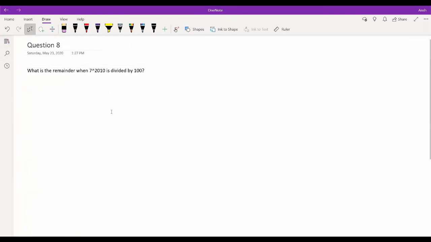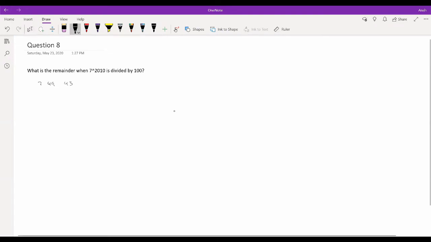So next, our next question is asking us for the remainder when 7 to the 2010 is divided by 100. All right. Well, we can't really test out the terms because if you test it out, you get 7, 49, 43, and so on. It's not very nice.